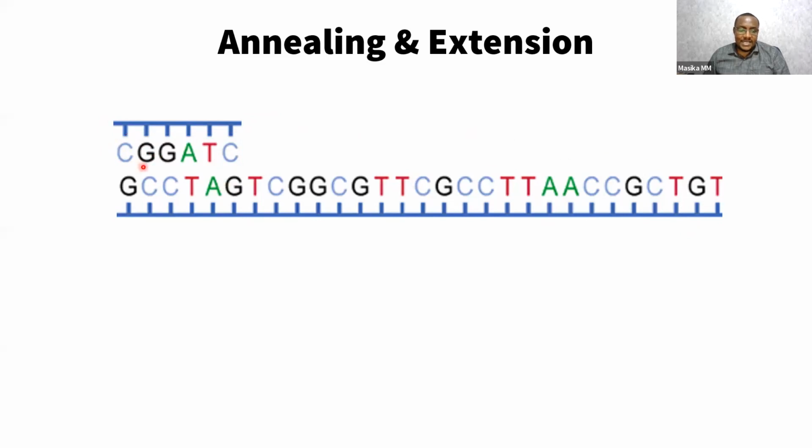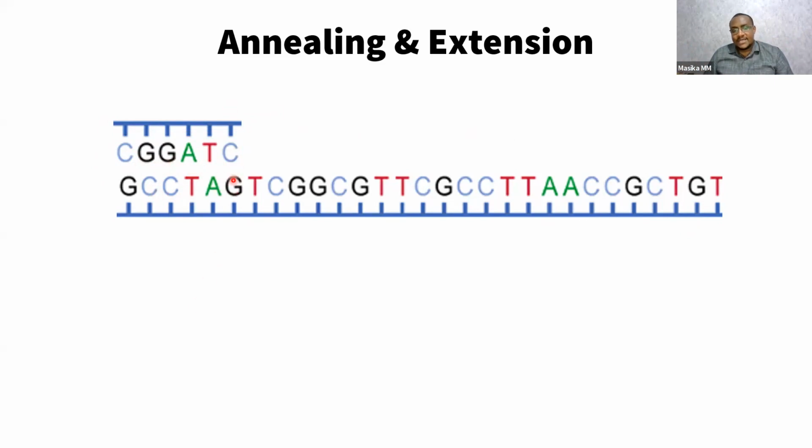So once the primer attaches, we call this annealing, and it happens at a certain temperature. If you heat this, then it will separate, it will denature. Even the primer will denature. But if you cool it down to a certain temperature where the primer is able to anneal or attach, then they come together and form double-stranded DNA.